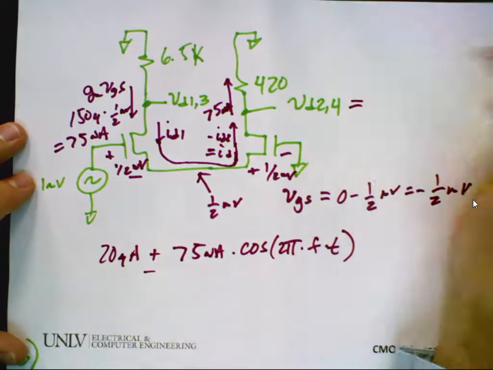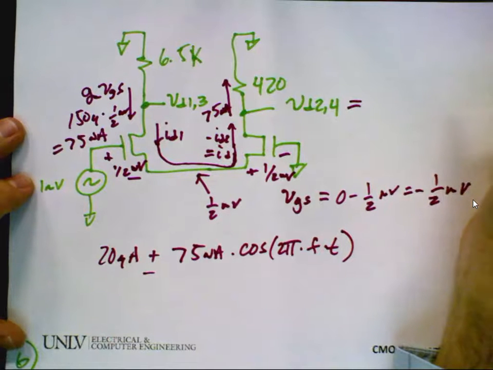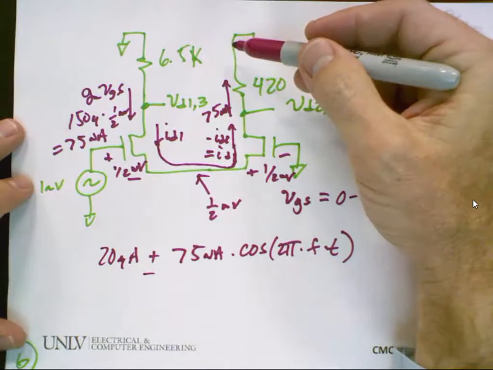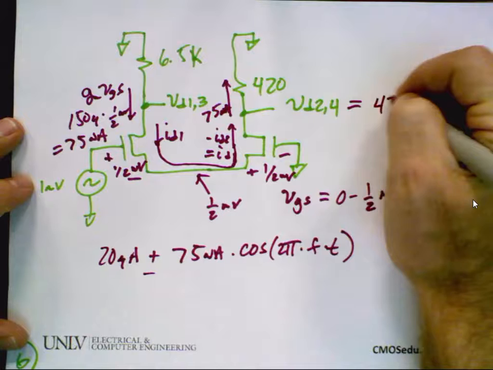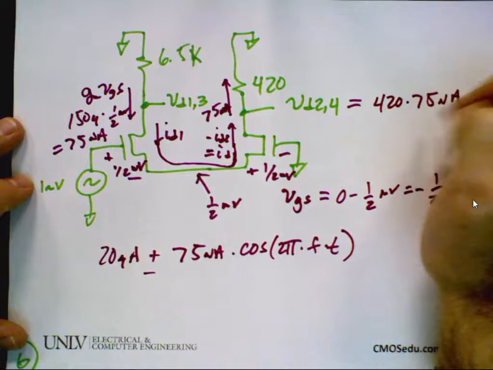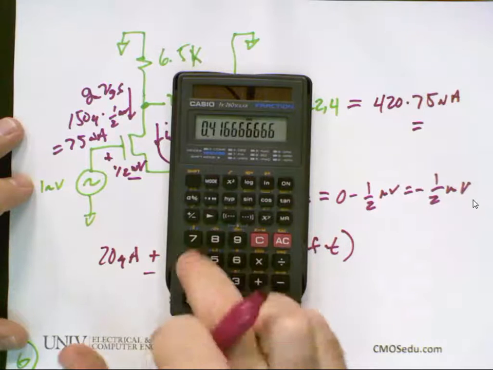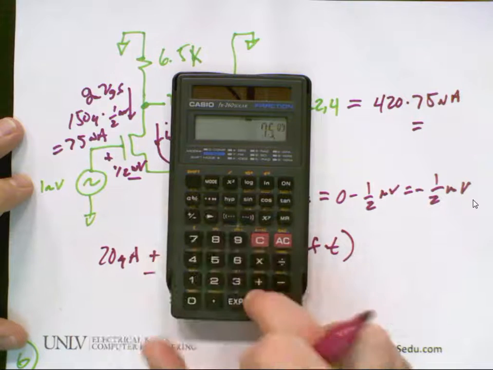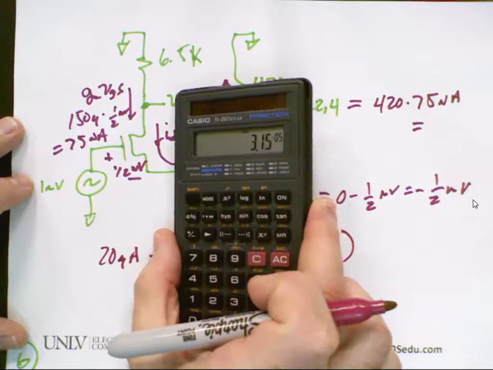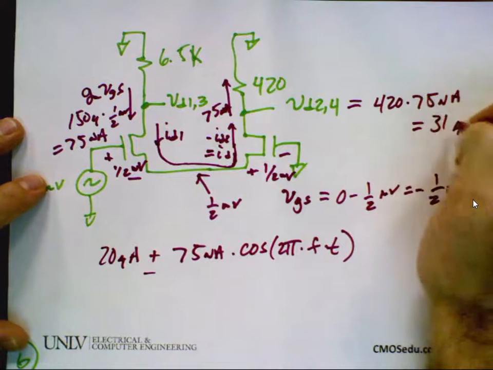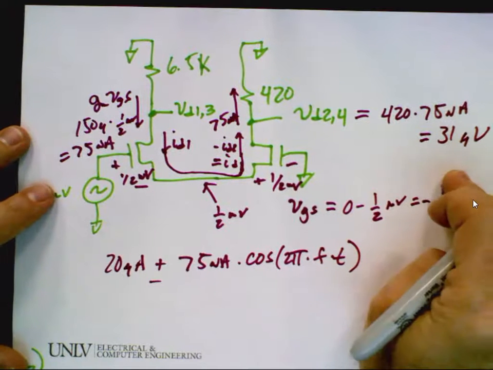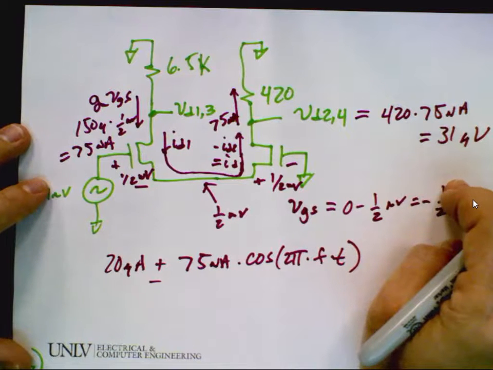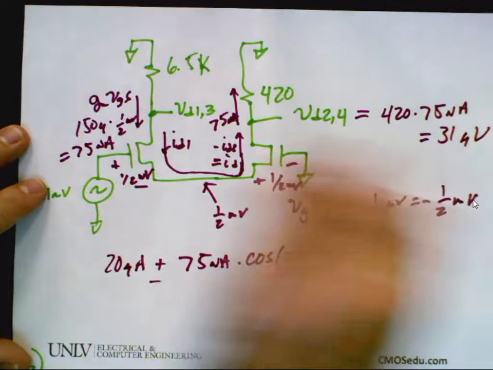What is this voltage, VD2, for? You've got 75 nanoamps flowing in 420 ohms. It's just 420 times 75 nano, which, changing sign, equals 31.5 microvolts. Any questions on that? I've calculated every AC voltage and current except for this one.